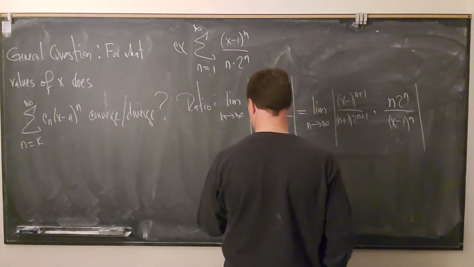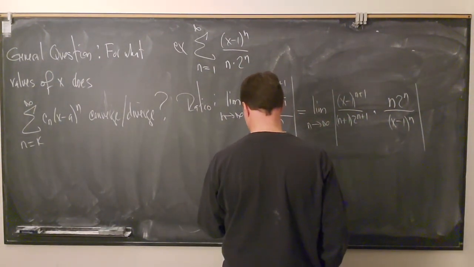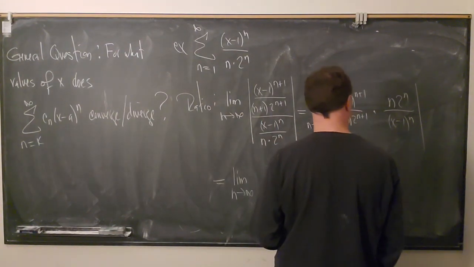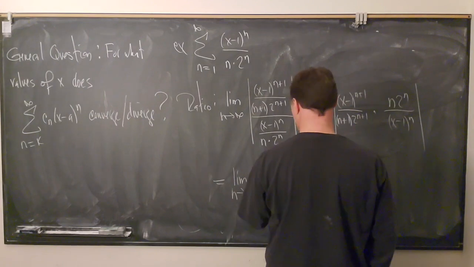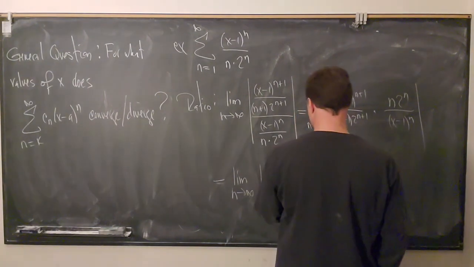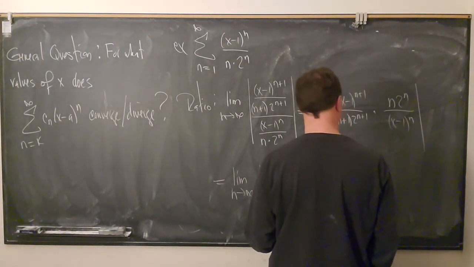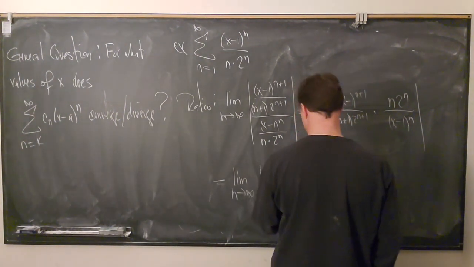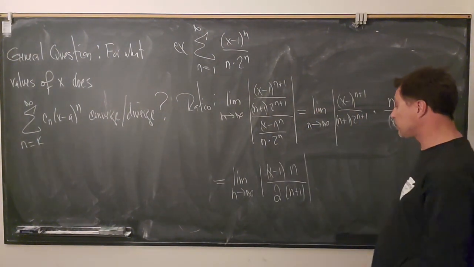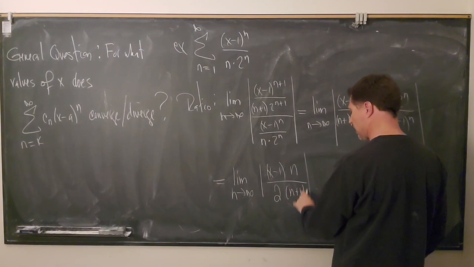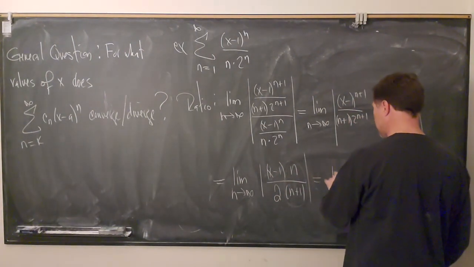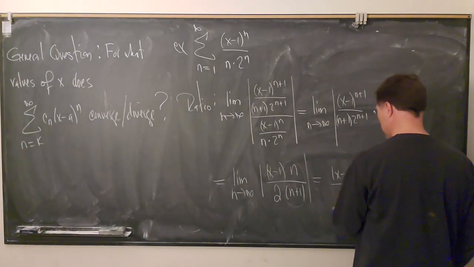So at the next stage, what we have is the limit as n goes to infinity. In our absolute value we have x minus 1 and an n. In the denominator, I will have a 2 and an n plus 1. Now, as n goes to infinity, notice that part right there approaches 1. And so what we're left with is the absolute value of x minus 1 divided by 2.